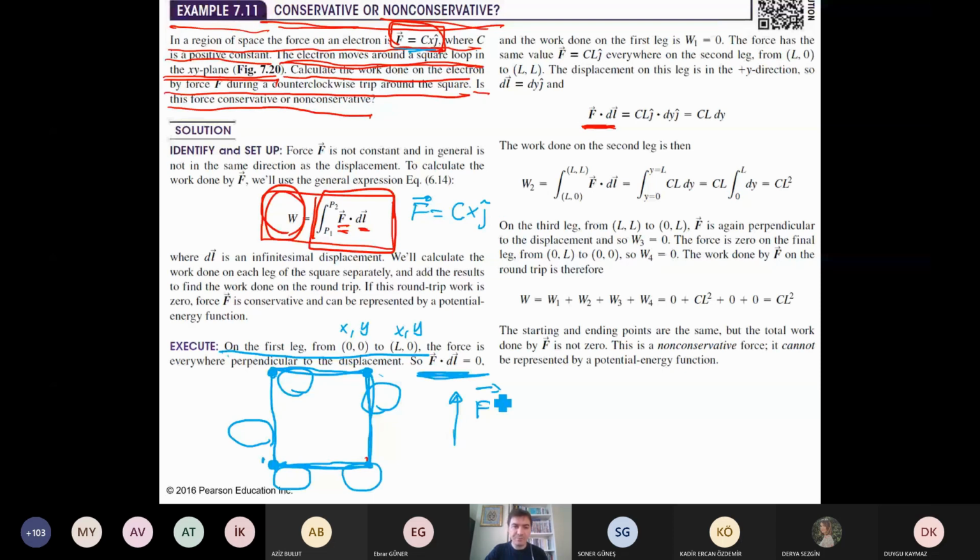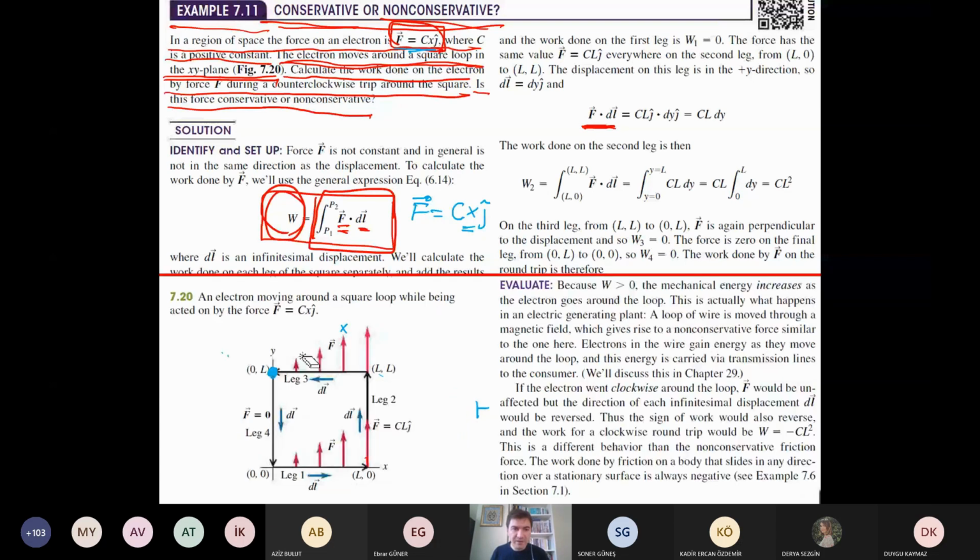Looking at the square again, at the beginning the force is 0 because X is 0 in the force equation. Then I have a certain force due to a certain value of X, but the direction is given by the J unit vector, so the direction of the force is along the positive Y direction.